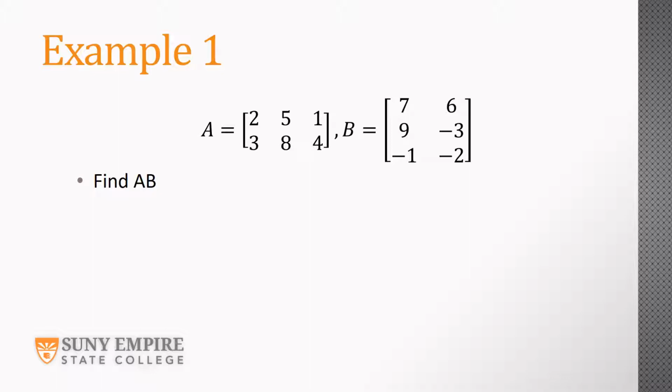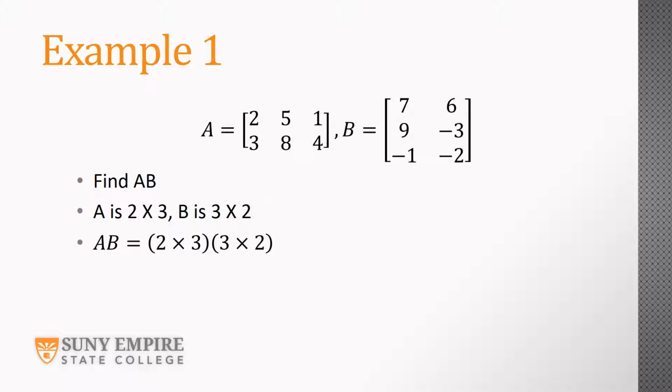We want to find the product A times B. First, we need to check that we can actually do this multiplication, and if so, what will be the dimensions of the product? Matrix A has 2 horizontal rows and 3 vertical columns, so it is 2 by 3. Matrix B has 3 rows and 2 columns, so it is 3 by 2.